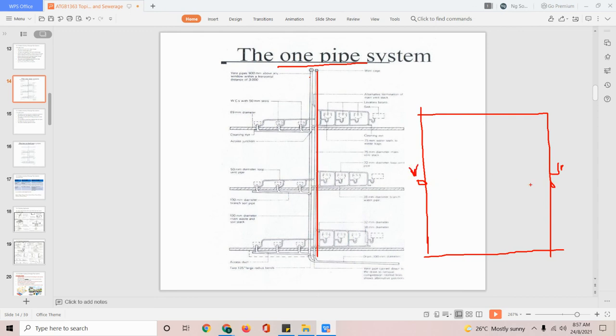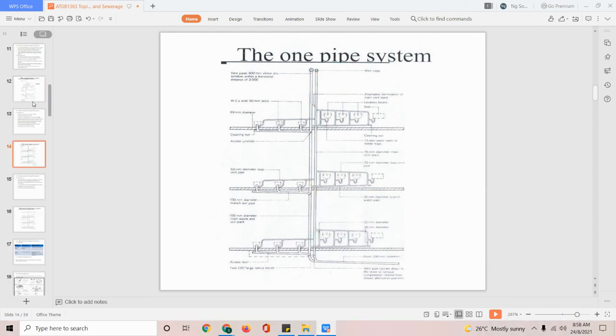The further you place it away from the soil pipe, the less efficient it is to allow gas to escape. And it'll be a waste of money to install this additional length. So in the one pipe system, these two pipes will be together if you look at it from plan view.